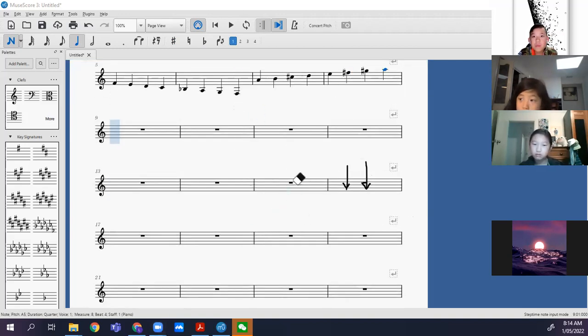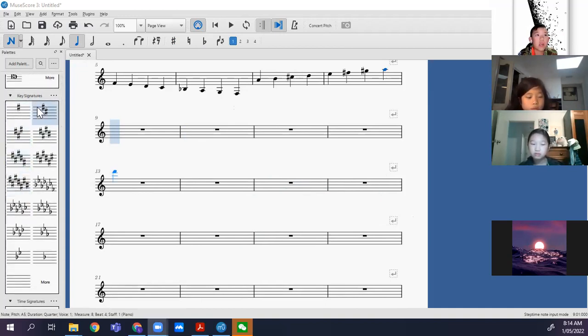So these are what key signatures look like, right? As you can see, they follow a very specific pattern. G major is only F sharp. D major has F sharp and C sharp. As you can see, the C sharp comes after the F sharp on the stave. Then A major here has F sharp, C sharp, and G sharp.